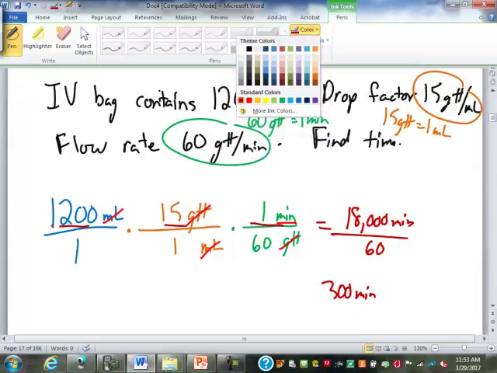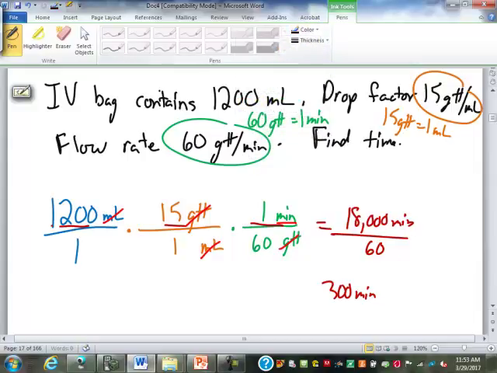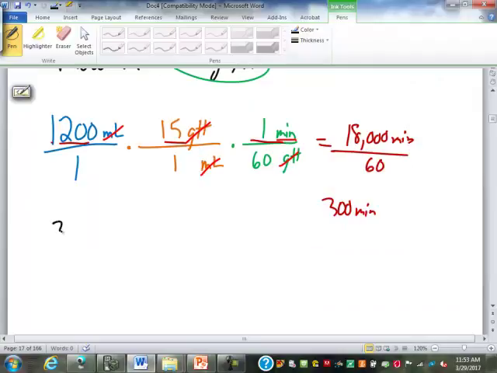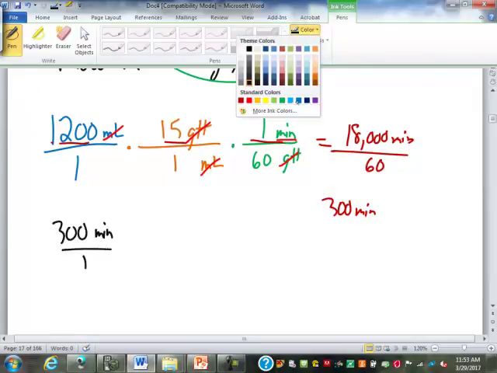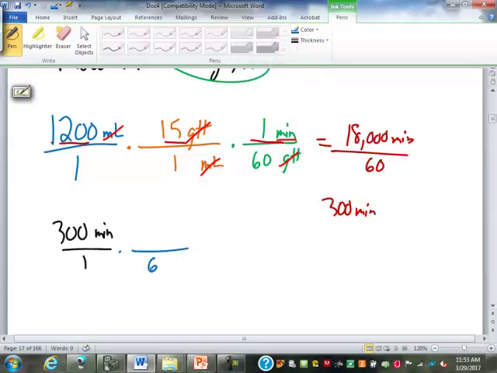We should now take that 300 minutes and convert it to hours. Most of you are looking at that saying, well, why don't you just divide by 60? And that's exactly what it's going to be. 1 hour is 60 minutes, which comes out to be 5 hours.